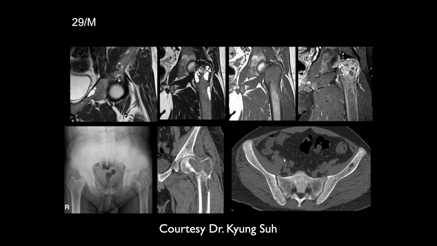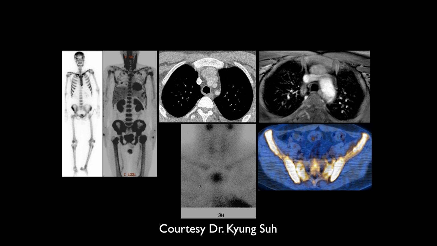So this is a 29-year-old male. We're looking at the proximal femur here and the acetabulum, and there are scattered areas of lucency which correspond to multiseptated cystic change, kind of peppered there. There's a fracture of the femoral neck. I think it's a pathologic fracture, and then there's a second lesion.